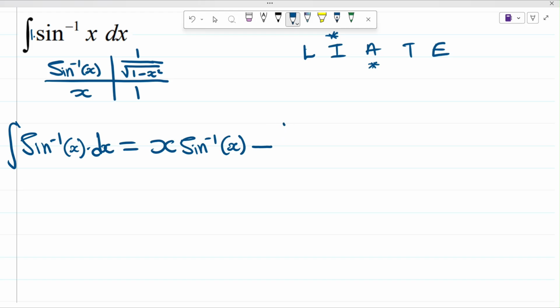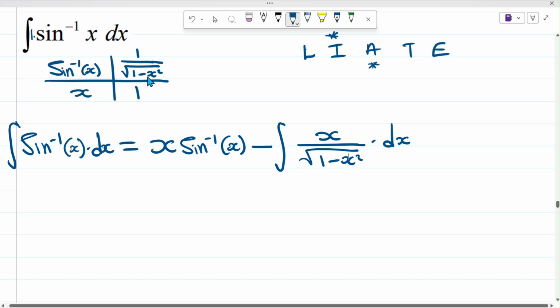We say minus, from the rule, the integral of x divided by the square root of 1 minus x squared dx. So that's it for that part.